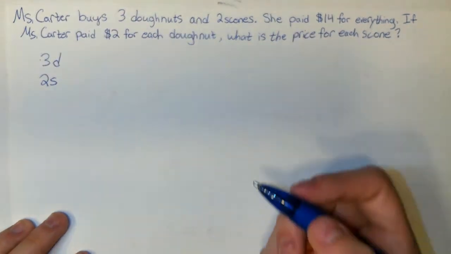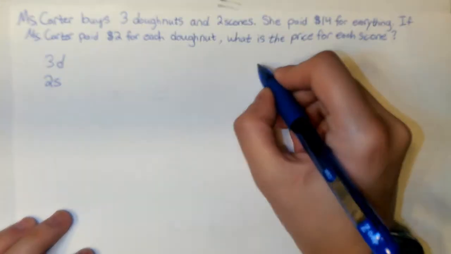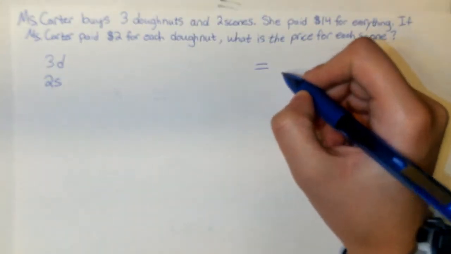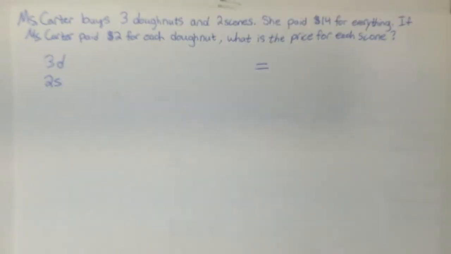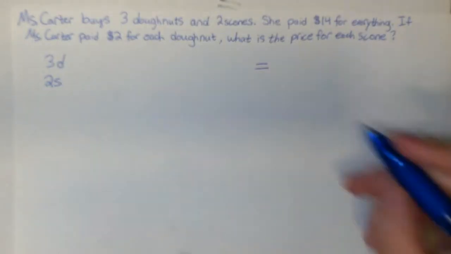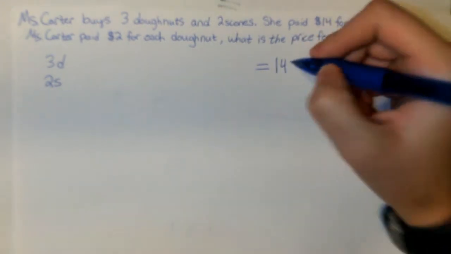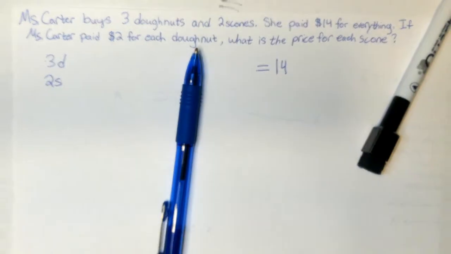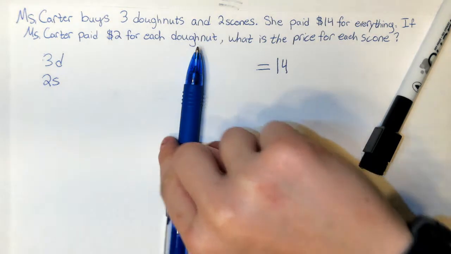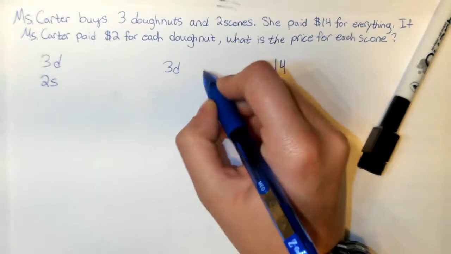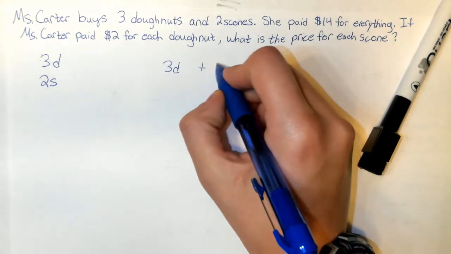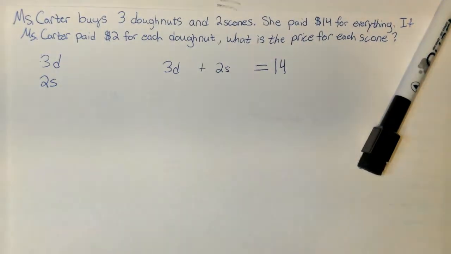She paid $14 for everything, so we're going to say that equals 14. So we have 3d plus 2s is equal to 14.